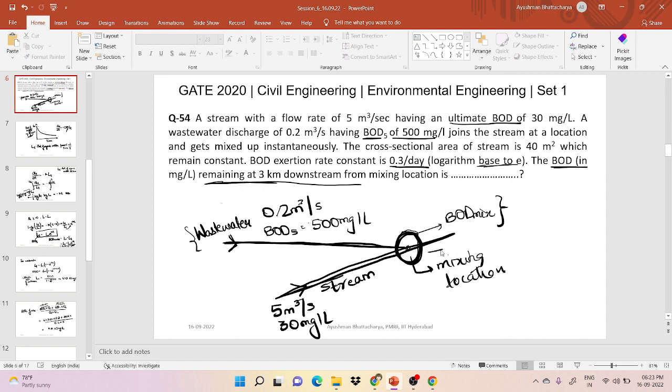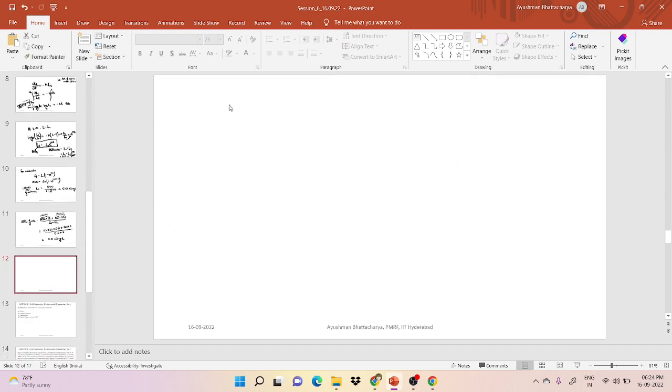So 3 kilometer from here to there. What will be the BOD remaining? So for the water to flow 3 kilometer, let the time taken to travel 3 kilometer be t.